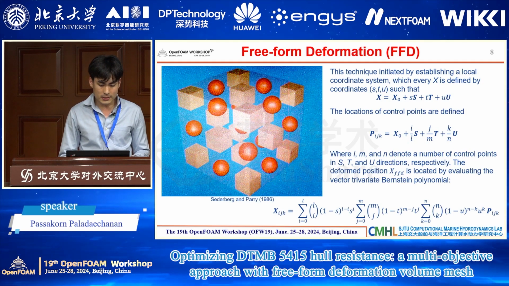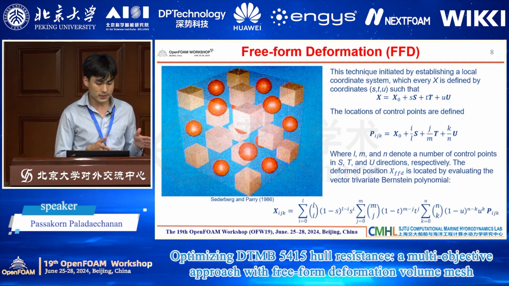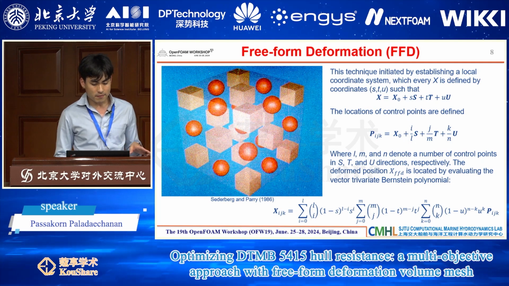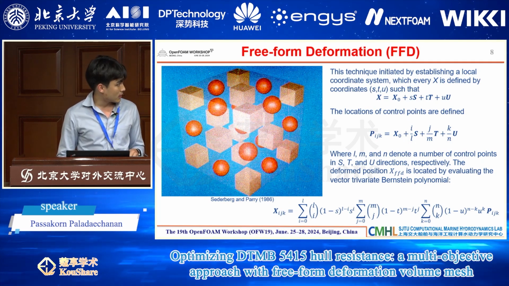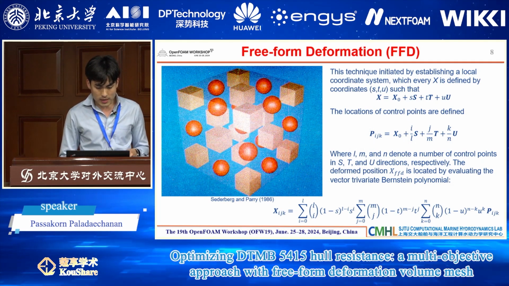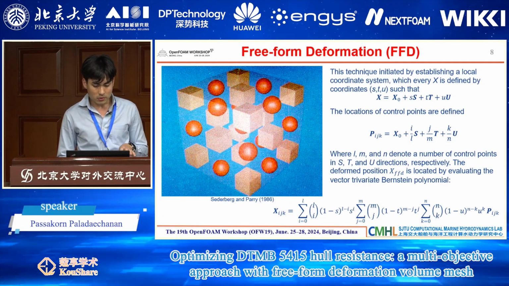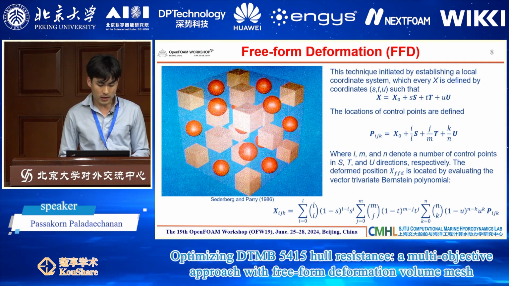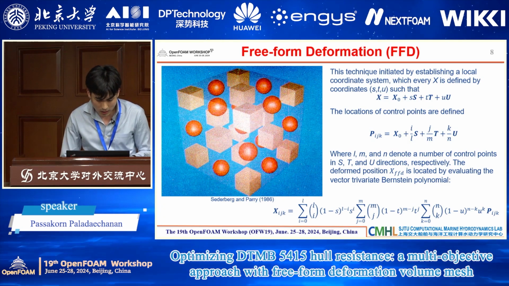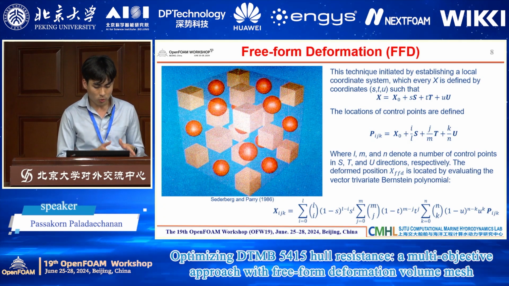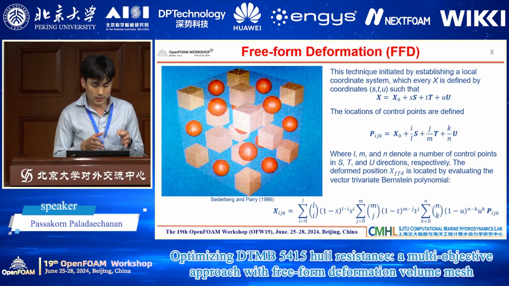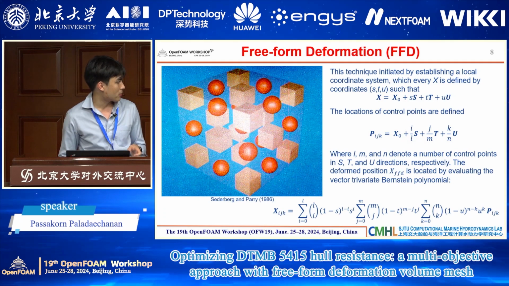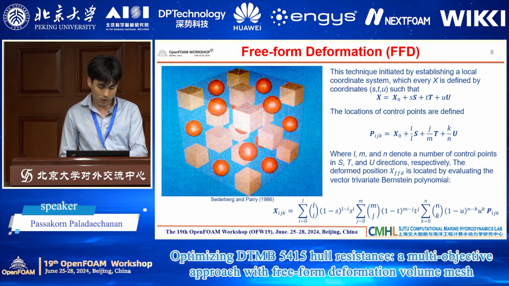The technique is initiated by establishing a local coordinate system first, and every point x is defined by coordinates as in this equation, and the location of control points is defined as P. After that, the deformed position will be evaluated with the trivariate Bernstein polynomial by the following equations.